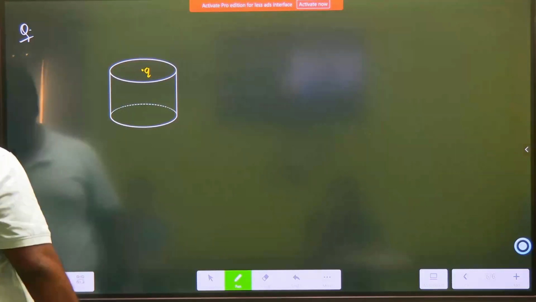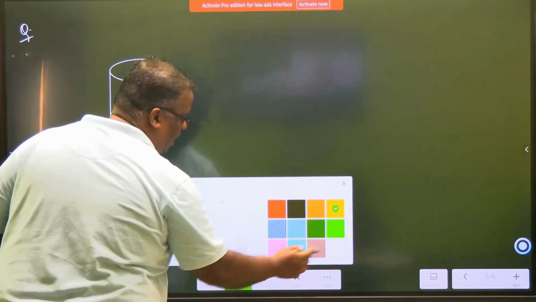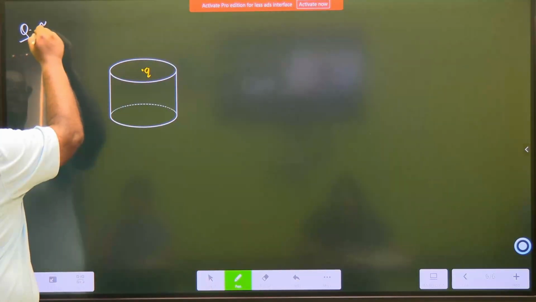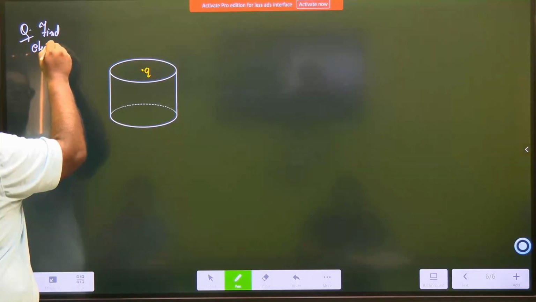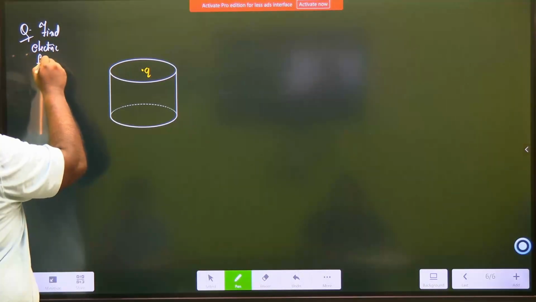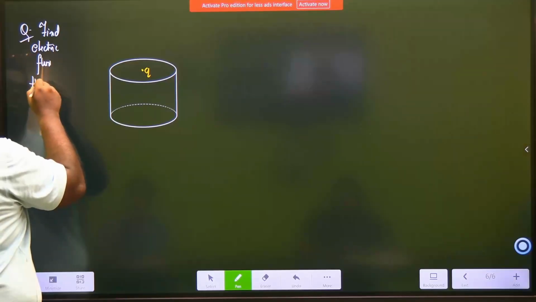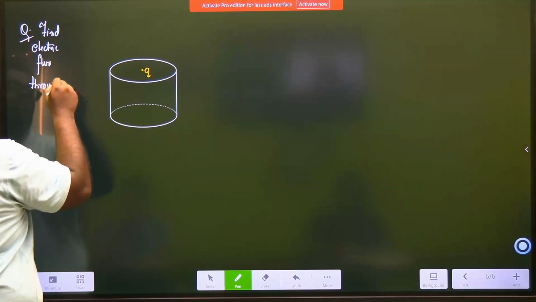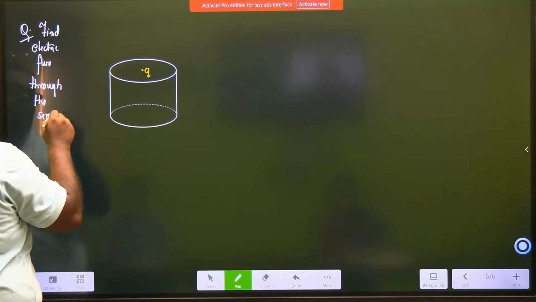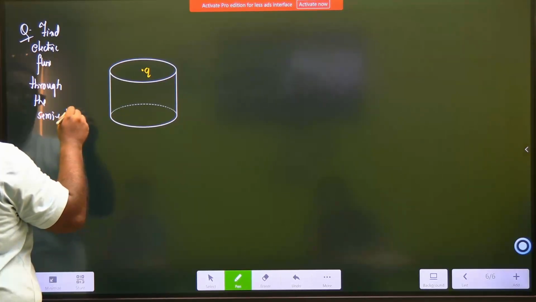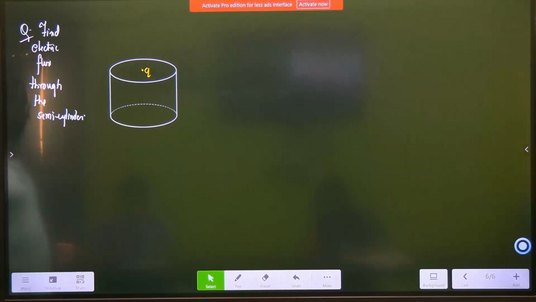Find the electric flux through the semi-cylinder.